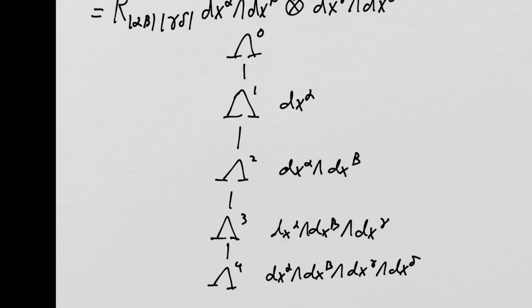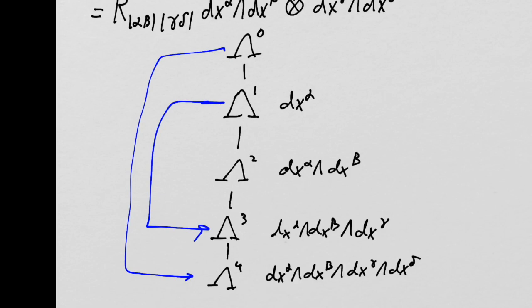But the other part I want to review, the key part, is that there's this process called the Hodge dual, where I can go from the first exterior power and create a map to the third exterior power. From the 0th exterior power, I can create a map to the fourth exterior power. The dimension of the 0th exterior power is 1. The dimension of the fourth exterior power is also 1.